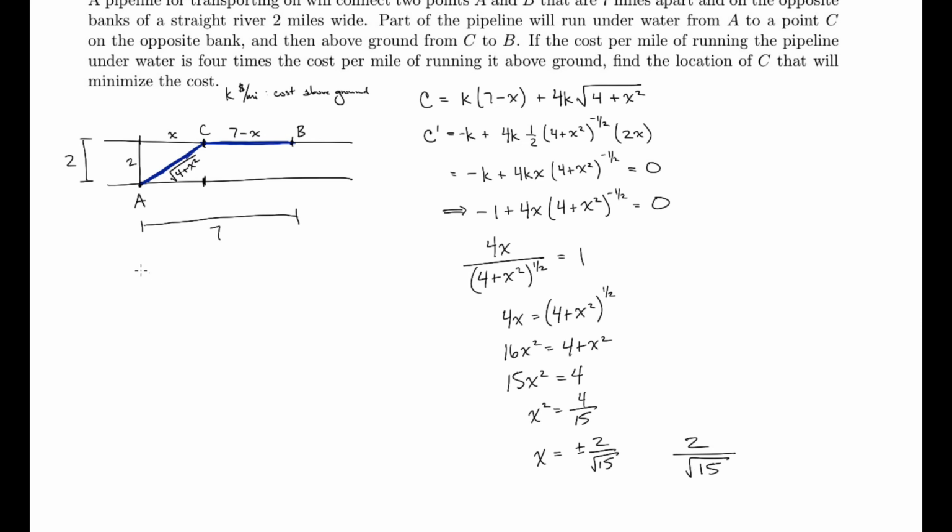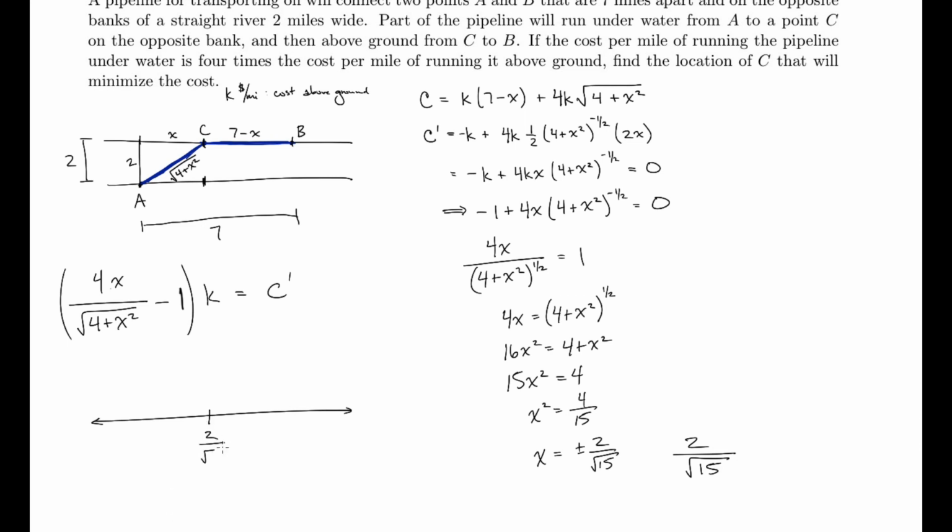So our first derivative is 4kx over the square root of 4 plus x squared, and then minus k. And we'll go ahead and factor the k out. So that times k, that's our first derivative. And now we just need to look at a number line and see what happens with our first derivative.